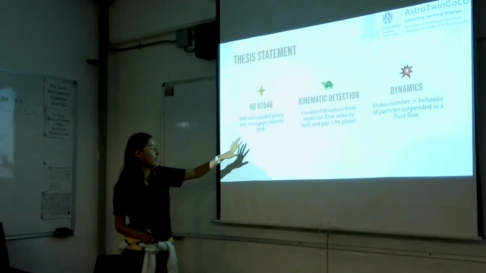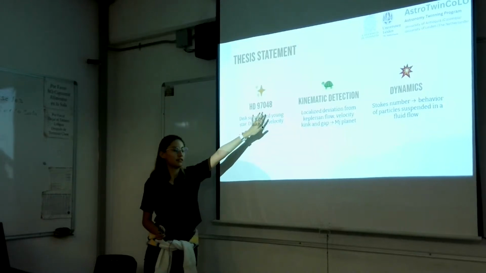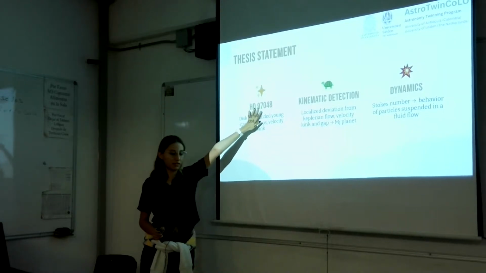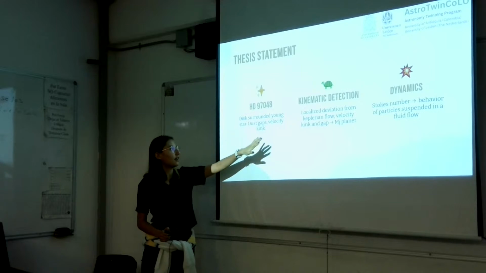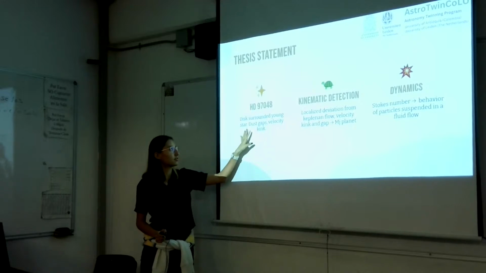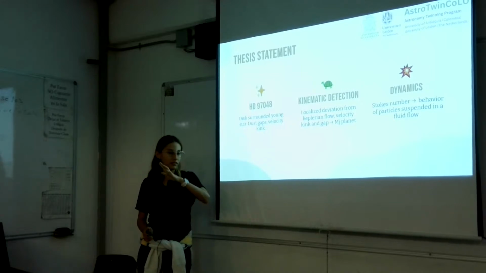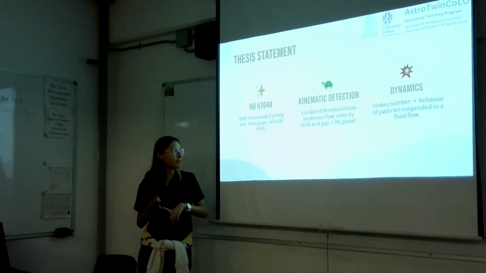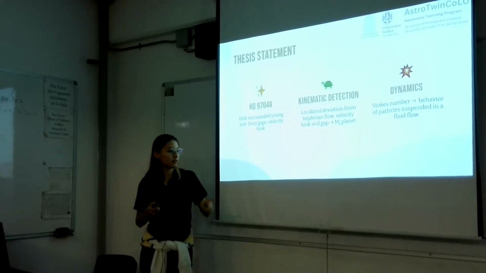And so they studied this star that is an AE or BE type star, and is surrounded by a giant disk that has gaps and velocity kinks, as we saw before.